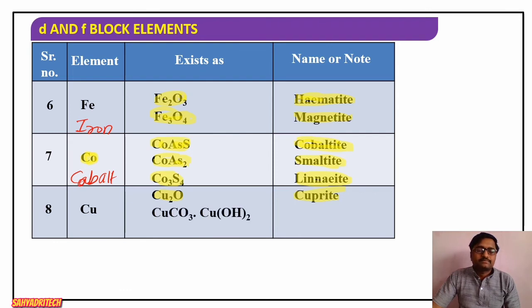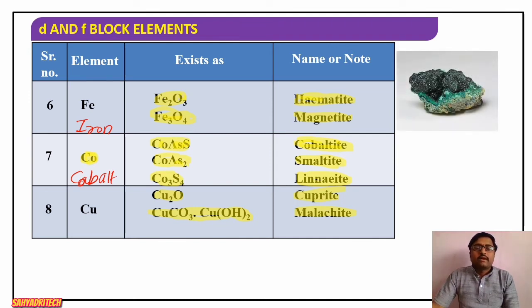Then next, CuCO3 dot Cu(OH)2, that is copper carbonate dot copper hydroxide. What is the name? It is called malachite. Diagrammatically, this is a diagram of malachite.